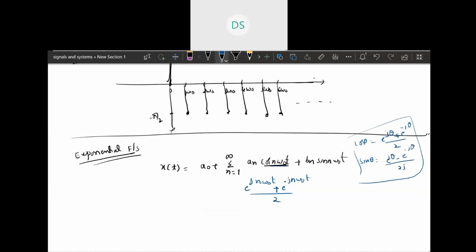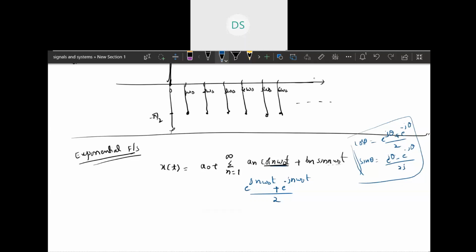The same principle we are applying here. In place of theta we have n omega naught t. In place of cos theta we write e power j n omega naught t plus e power minus j n omega naught t by 2.